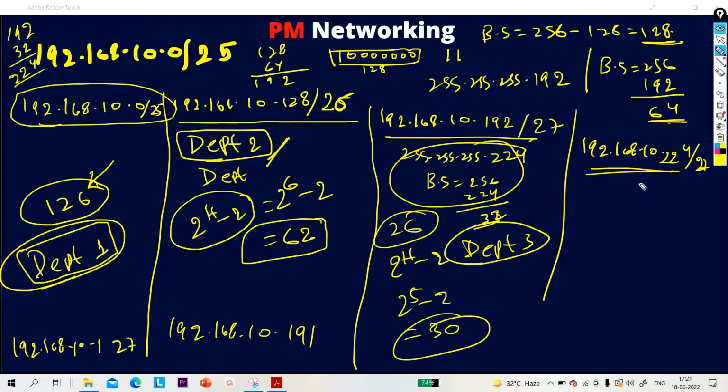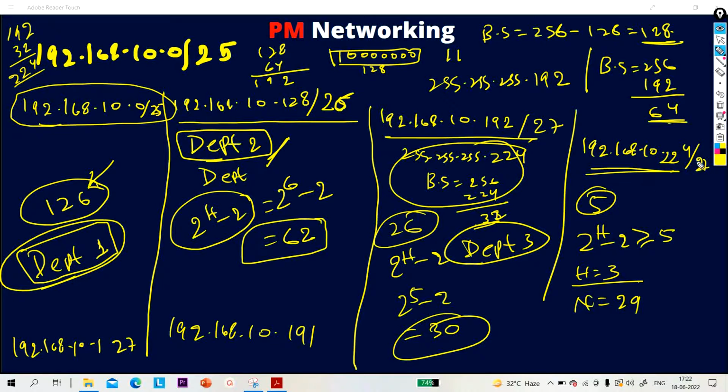For department 3 this network is fine, and the next network is for department 4. But in department 4 you can see we have 30 IP addresses, but we need only 5 IP addresses. So again we can do VLSM. Again the formula will be the same, 2 to the power h minus 2 must be greater than or equal to 5. Here we need to put h equals what? 3, right? If my host bits are 3, how many network bits are there? 29.